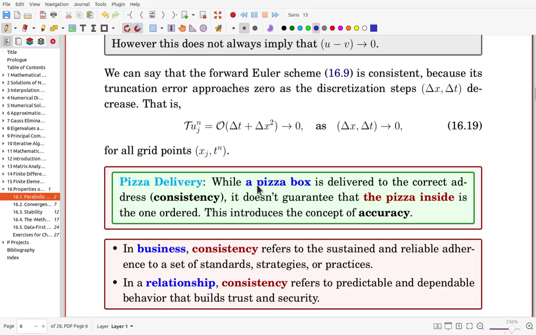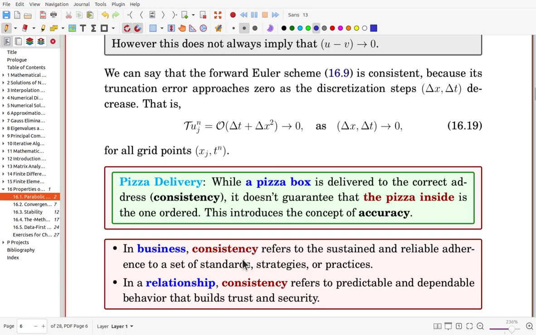In a sense, consistency looks well done. Then that is a kind of consistency. But the real pizza is not guaranteed, even though a pizza box is delivered to the correct address. So the pizza inside may be different, then the accuracy is broken.